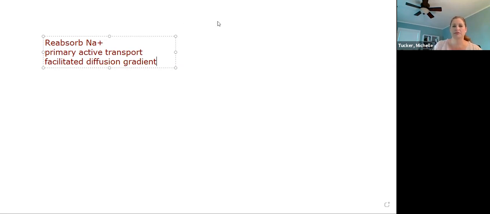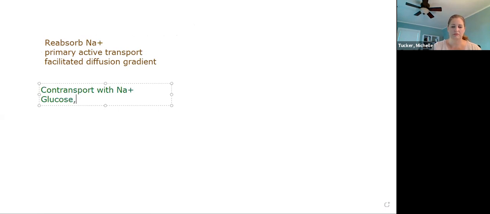After we reabsorb sodium, we can co-transport with sodium things like glucose, amino acids, and some other ions. Chloride will follow as well.